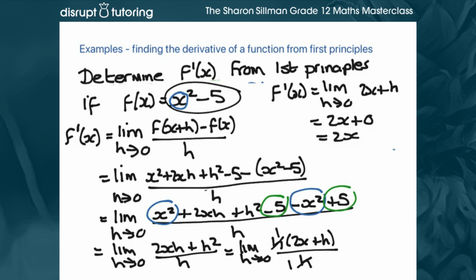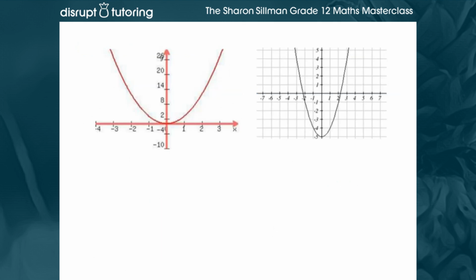I am going to be spending some time now explaining what we have actually found. Remember, the first one we found 6x, and this one we found 2x. So we're going to use a diagram to explain what it is that we've found. First of all, the function drawn here is f of x equals 3x squared.